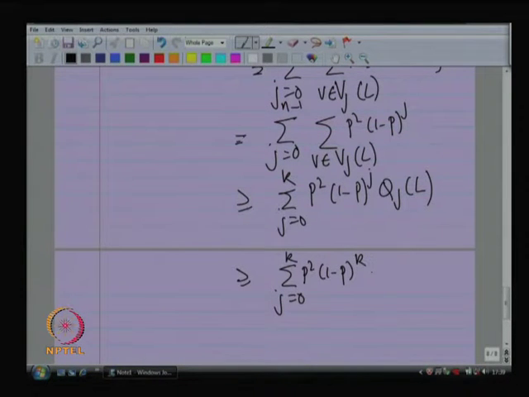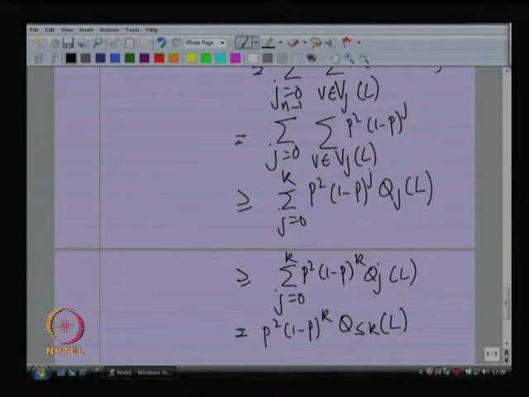Because j is at most k, I can write this way: phi j l, and I can take these first two terms outside. So it becomes p squared times (1 minus p) to the power of j, and the sum over j equal to 0 to k of phi j l is nothing but phi k l by definition.